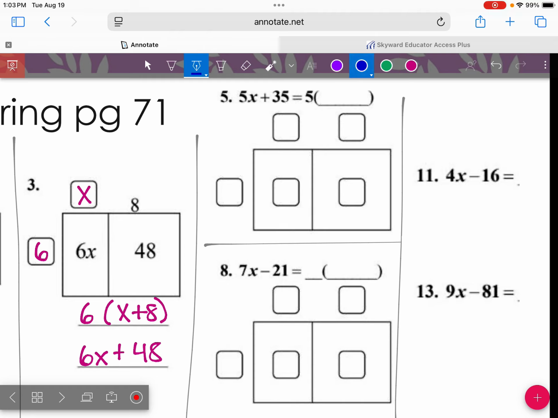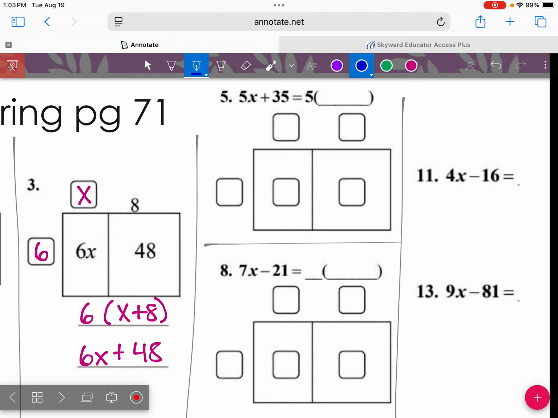So when we have something like 8, we are told 7x minus 21 is what we're looking at here. That's without parentheses, so that's our inside. 7x minus 21. What number do 7x and 21 have in common?